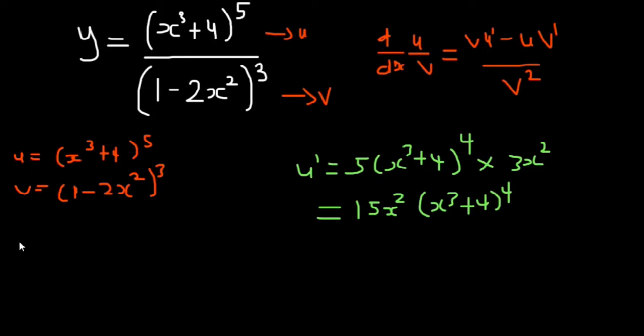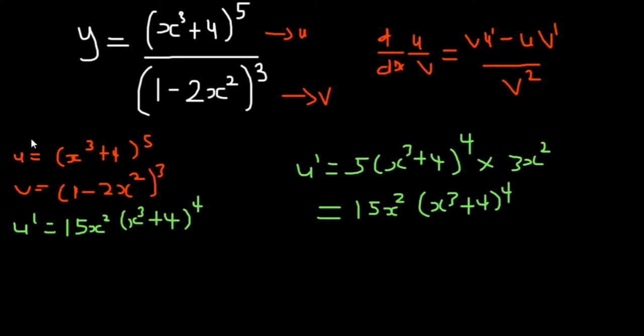Okay, so this is what I have for u prime. So let me write my u prime here. So that will be 15x squared into brackets x to the power 3 plus 4, all to the power 4. Okay, so that's my u prime.